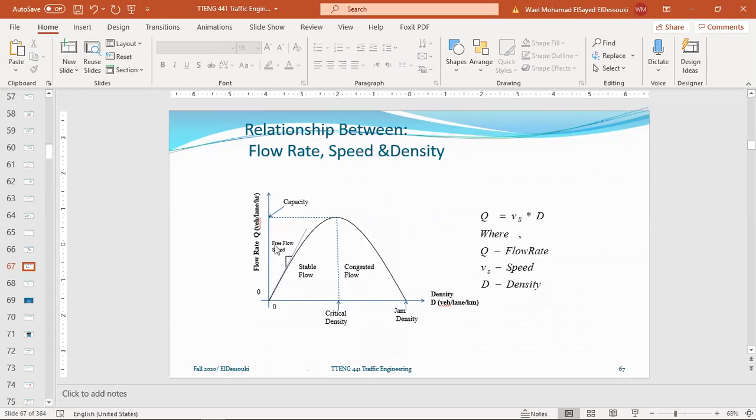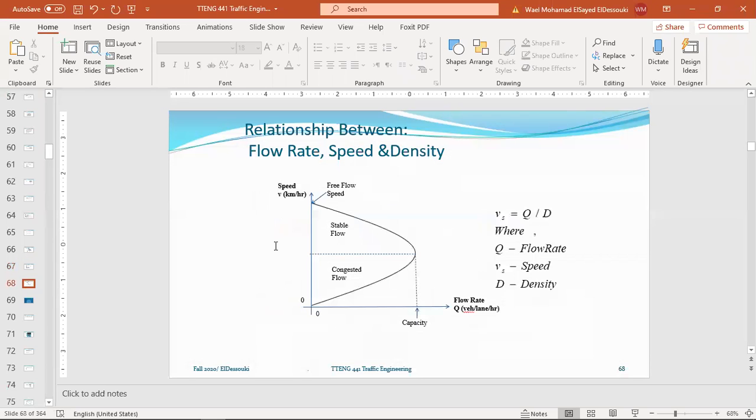Beyond this point, the flow becomes a congested flow, and the density increases, but the throughput for the traffic facility decreases, and the flow rate decreases. So it follows this parabolic curve. And next semester, inshallah, we will discuss it in more detail.